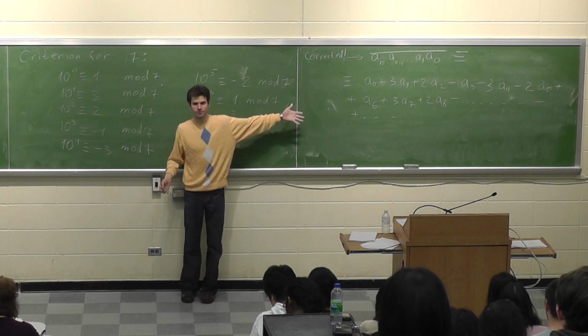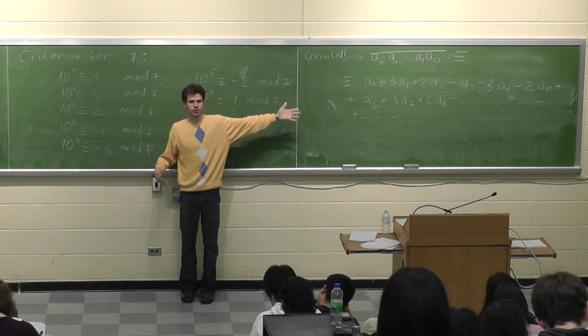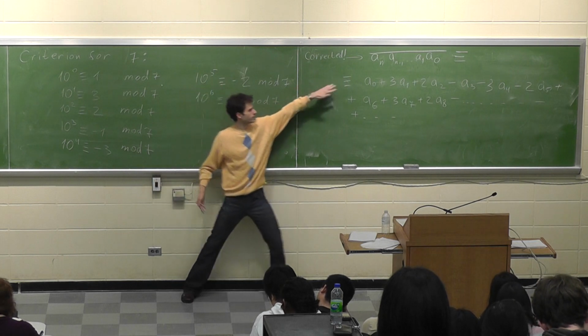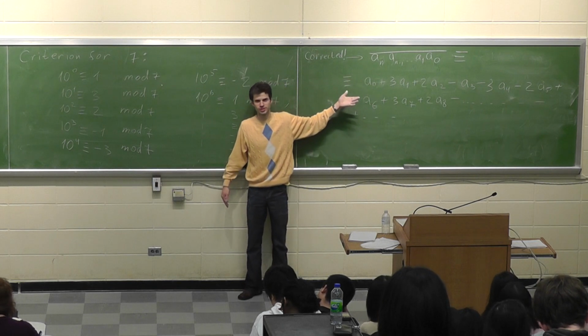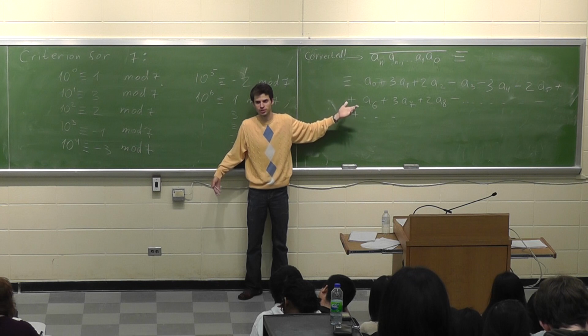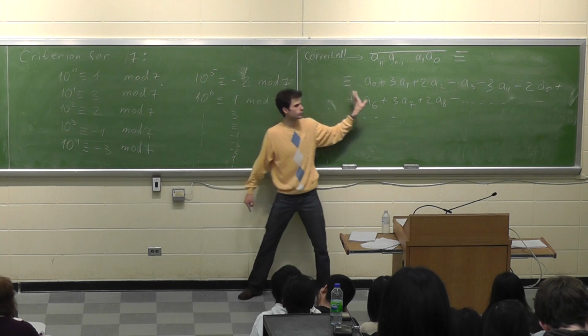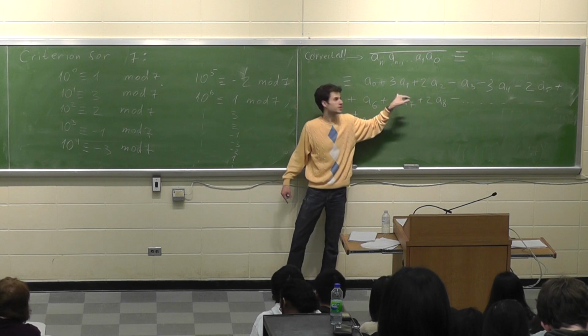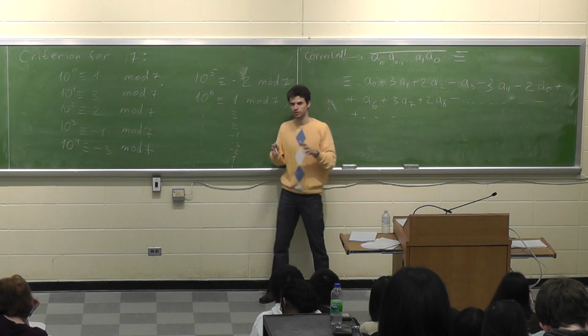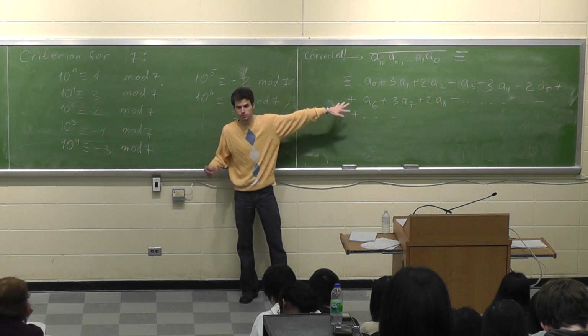So here you have a way to compute the remainder of a complicated number modulo 7, or to test whether a number is divisible by 7. Compute the sum of digits with these coefficients, a kind of linear combination of digits with these simple coefficients.